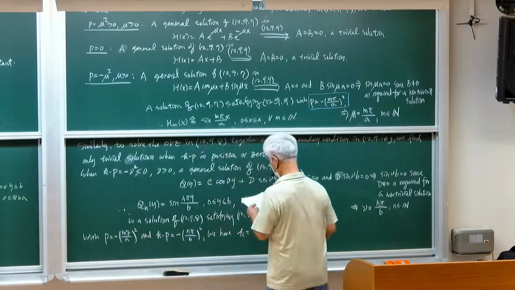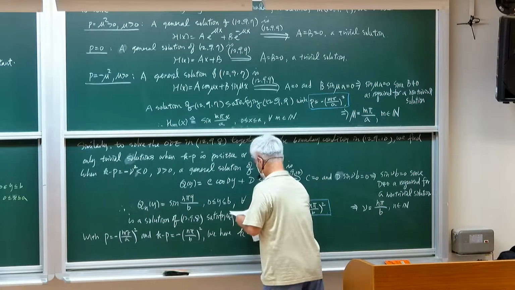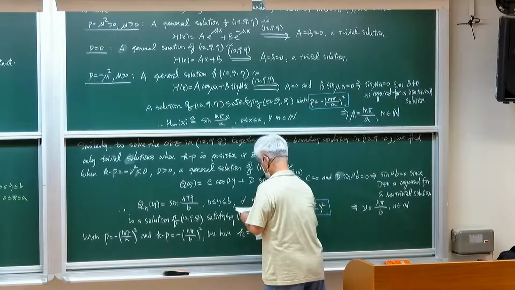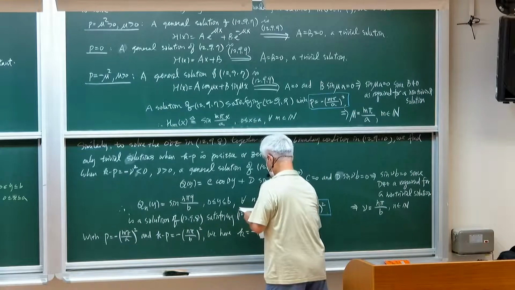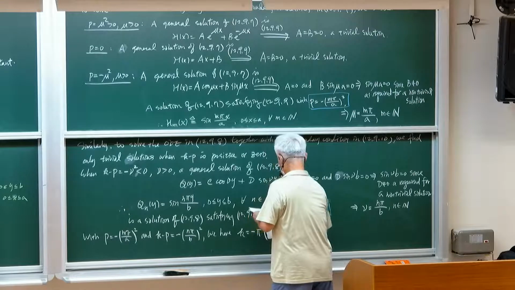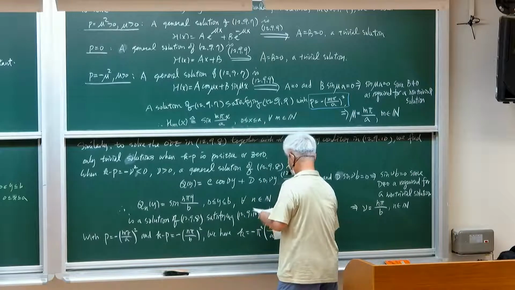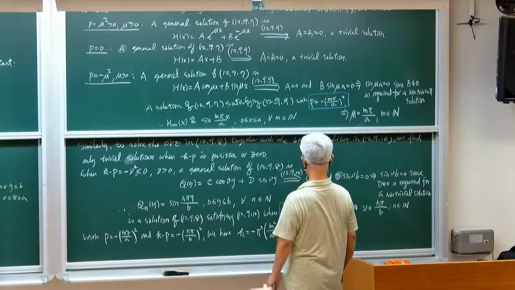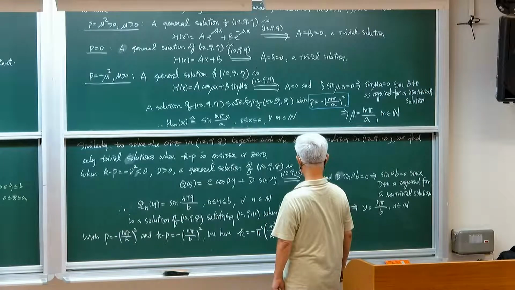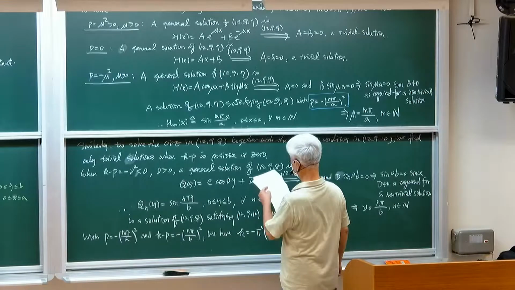And so k equals minus pi squared times (m squared divided by a squared plus n squared divided by b squared).